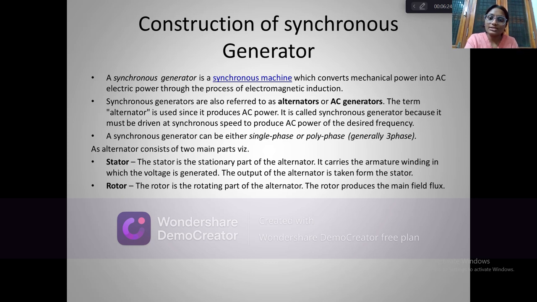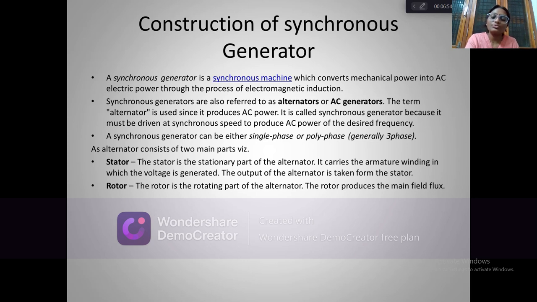The term alternator is used since it produces AC power. It is also called a synchronous generator because it must be driven at synchronous speed to produce AC power of a desired frequency. A synchronous generator can be either single phase or polyphase. Generally, the polyphase type is a three-phase synchronous generator, and the alternator consists of two main parts.